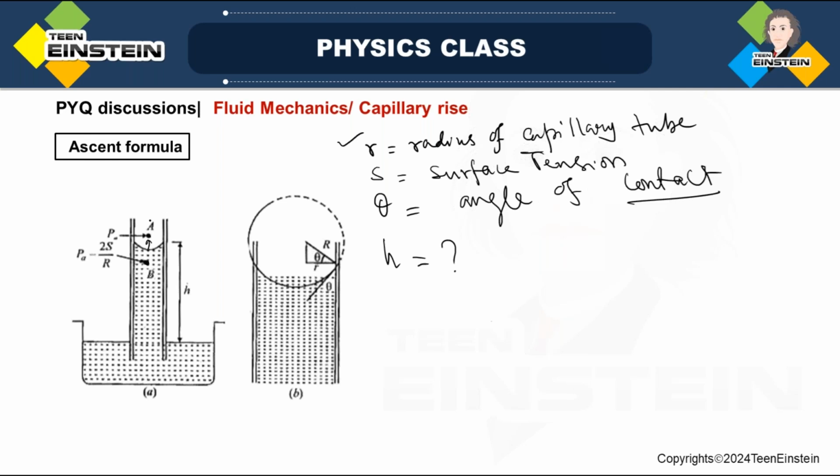There will be excess pressure here, but what is excess pressure in the case of a liquid bubble? This meniscus is actually part of a spherical liquid bubble.